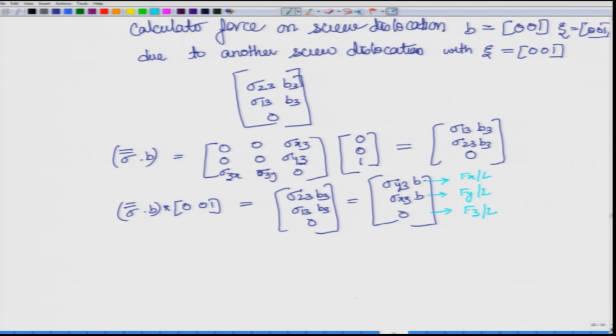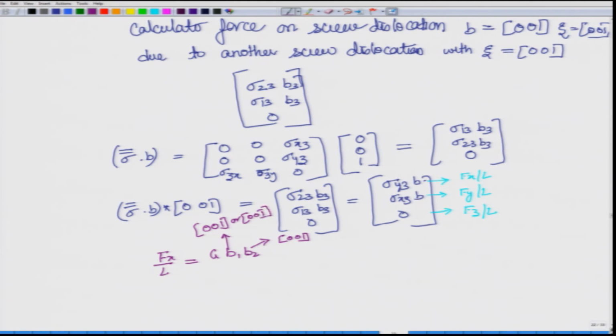Now, we can use the sigma y z that we already know for a screw dislocation. So, we can write here B1, B2, where B2 is 0 0 1 and B1 is either 0 0 1 or 0 0 1 bar.